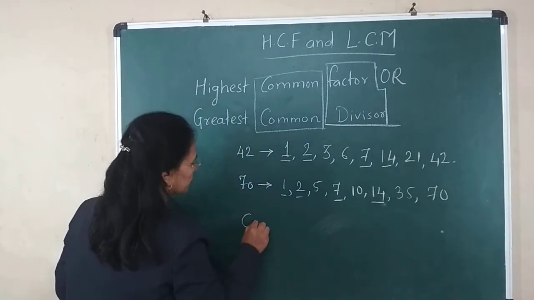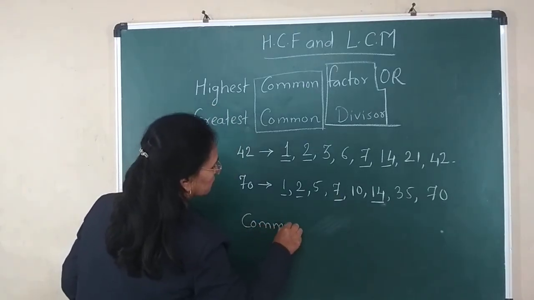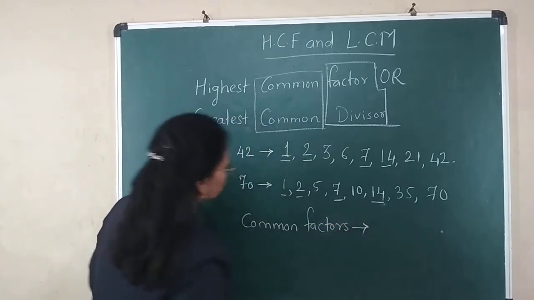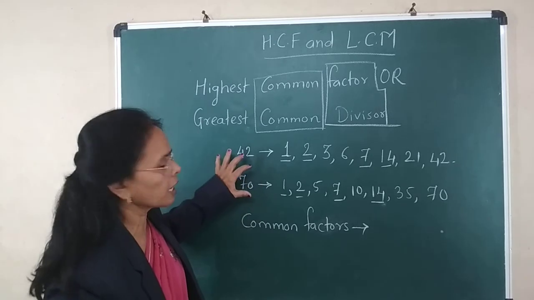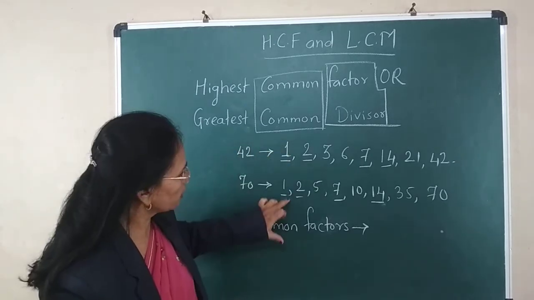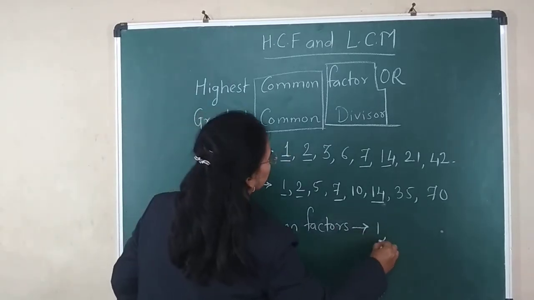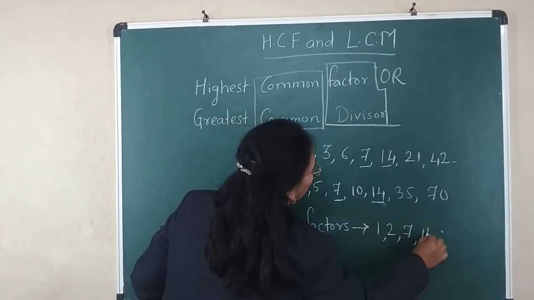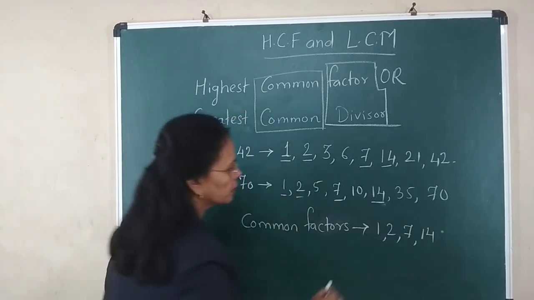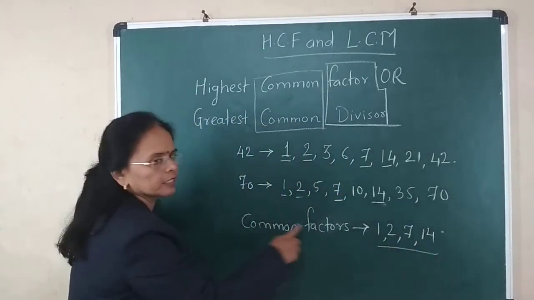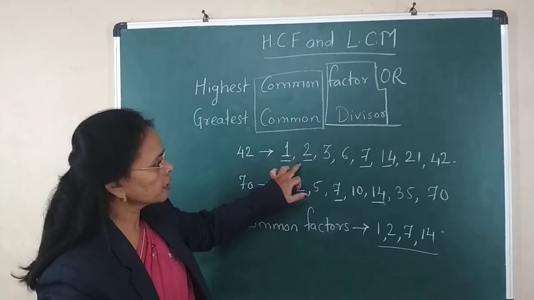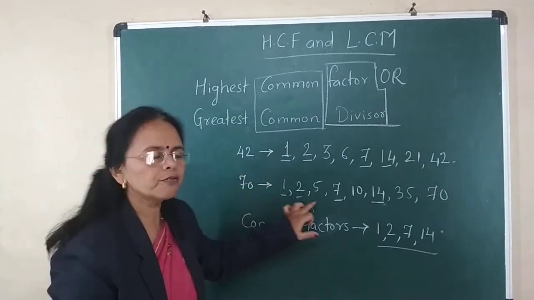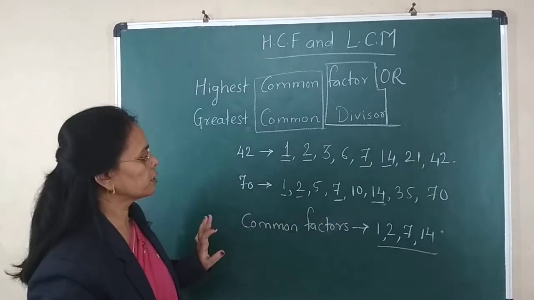So, common factors. What are the common factors which are here also and here also? 1, 2, 7 and 14. These are the common factors which are the factors of 42 also and the factors of 70 also.